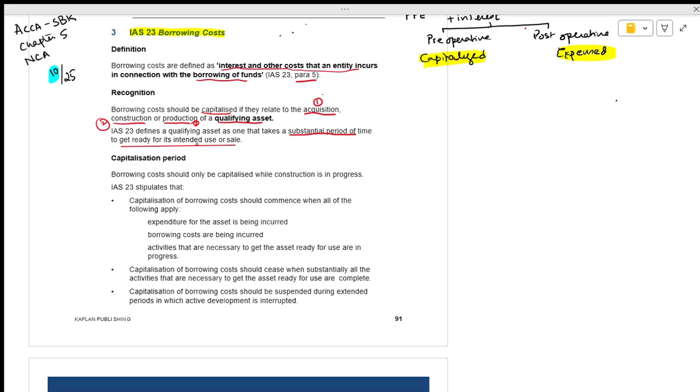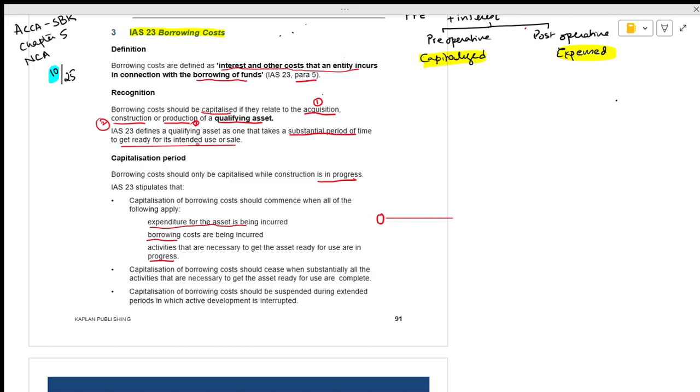Borrowing cost can only be capitalized when the asset is in progress. Capitalization of borrowing should commence when expenditure on the asset is being incurred, borrowing costs are being incurred, and activities necessary to get the asset ready for use are in progress.